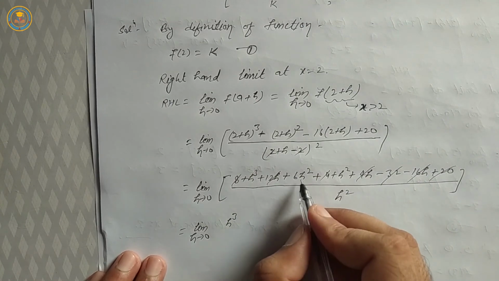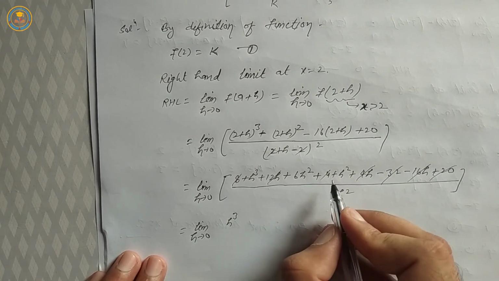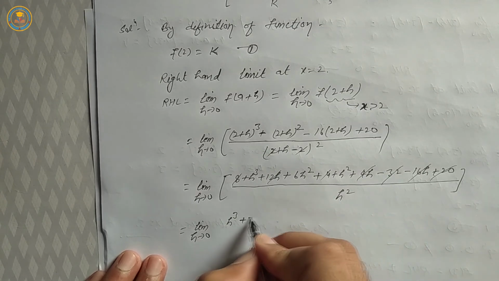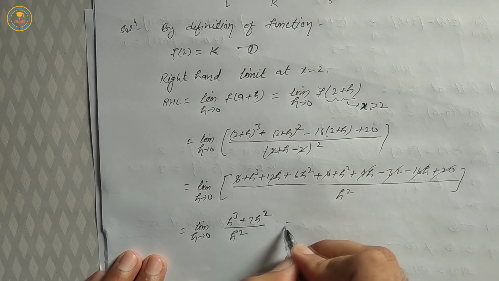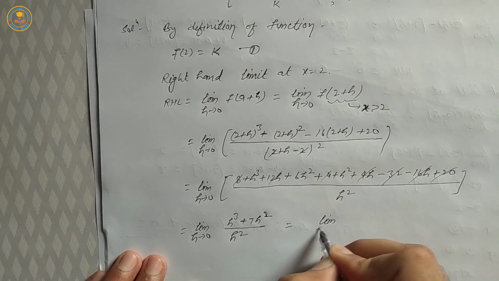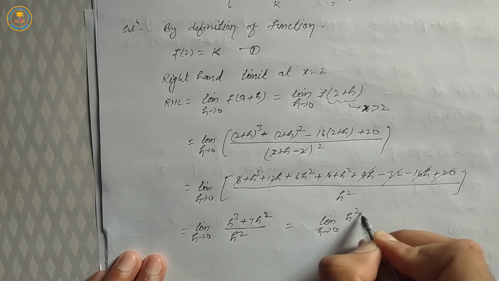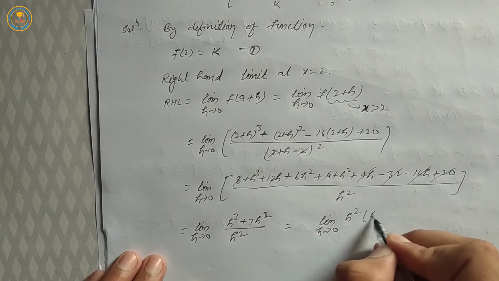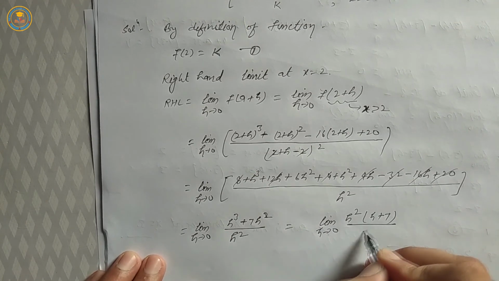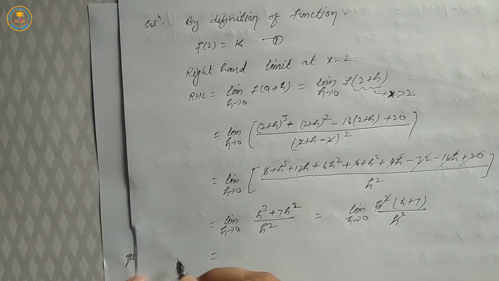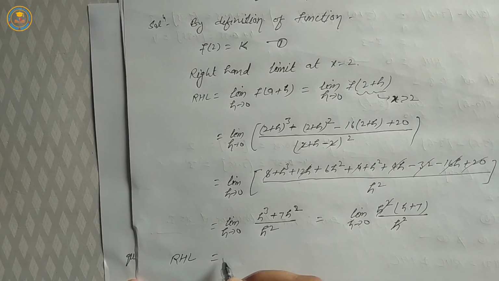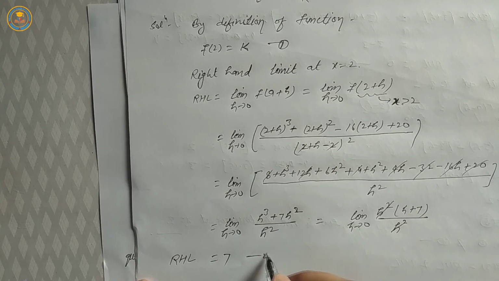Okay, 6h square, 7h square by h square is equal to limit h tends to 0, common from h square, h plus 7 by h square cancel out, h is equal to 0, it means RHL is equal to 7. Okay, equation 2.